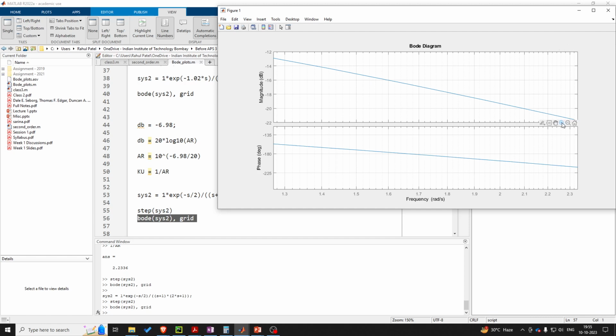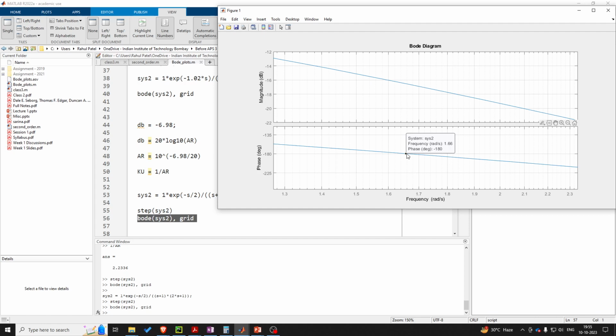so minus 180 degree comes around this point, somewhere around 1.66.